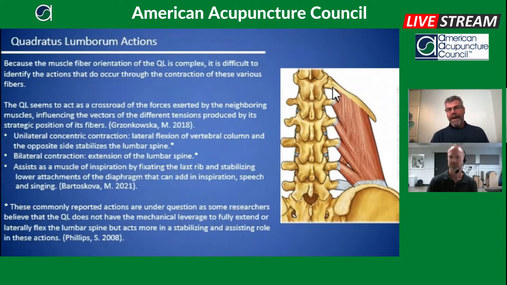And what they found was that the erector spinae was about 90% involved in the extension of the lumbar spine, whereas the Quadratus Lumborum only 10%, which was very interesting. They basically had the same results with the unilateral contraction of the Quadratus Lumborum as well. It wasn't actually a primary mover. It's more of a cross-link, a crossroad, a synergist, an assistant, a stabilizer. So it's quite fascinating.